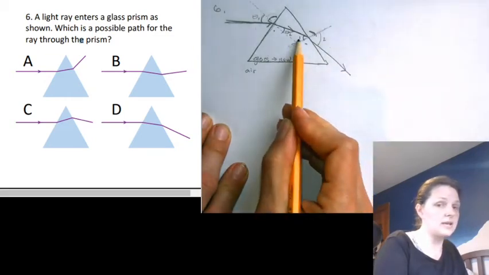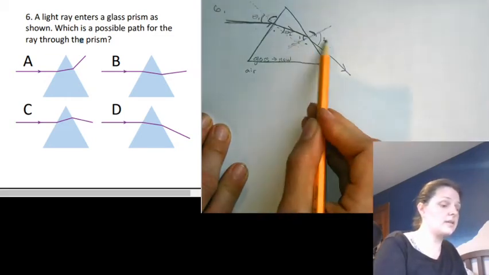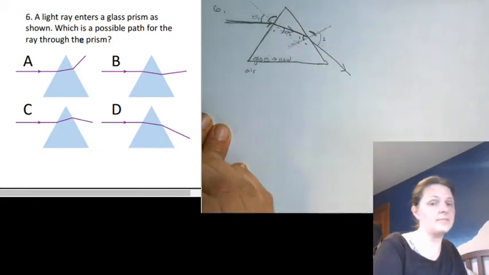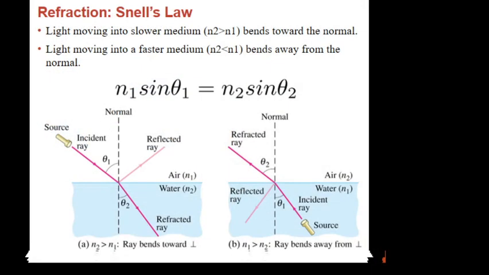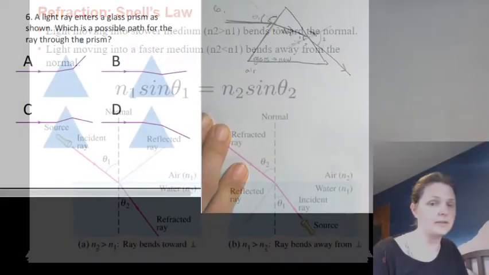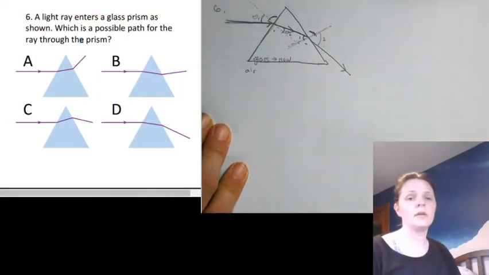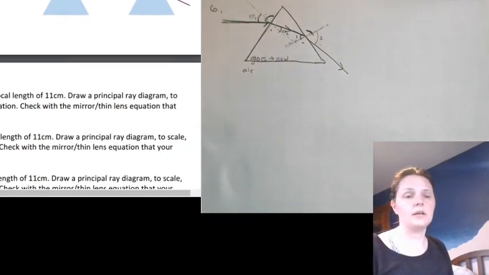So theta 1 here is smaller than theta 2 is, and this is something that has bent away from the normal. And if I come back to my rule, light moving into a faster medium, which is what we were doing, right? We're moving from glass, the slow medium, now into air, the faster medium, bends away from the normal, just like we just discovered. Okay.